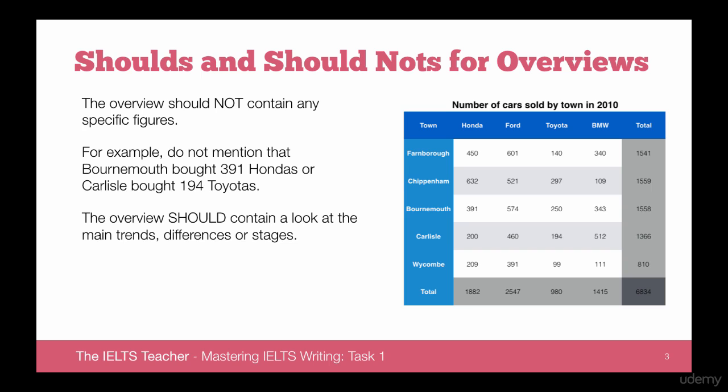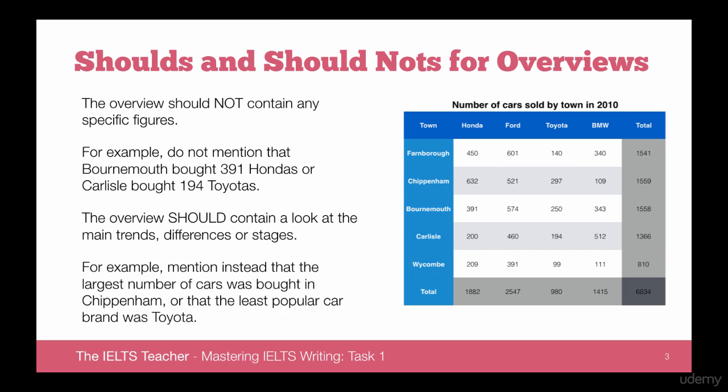The overview should contain a look at the main trends, differences or stages. Particularly in a comparative table like this one, we might look for the differences. For example, mention instead that the largest number of cars was bought in Chippenham, or that the least popular car brand overall was Toyota.